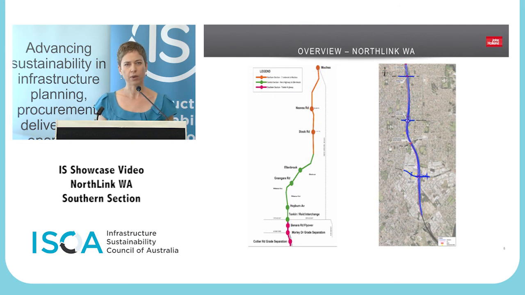So that's an opportunity that we had in that area. And in the northern section, we're talking about a much more rural area and the transition really from the urban area to the rural area as the highway heads up north into the Pilbara. So by understanding those different contexts, we're much better able to address the sustainability issues that are relevant to those different areas.